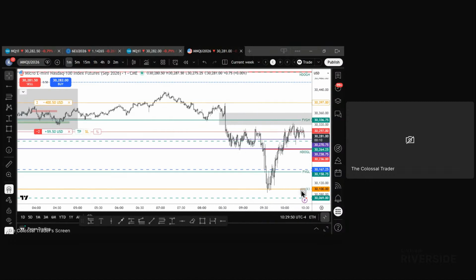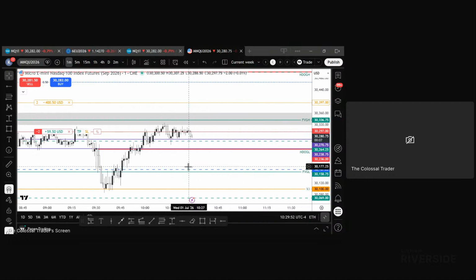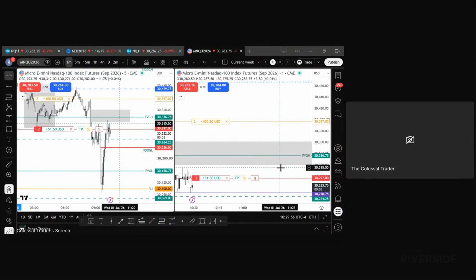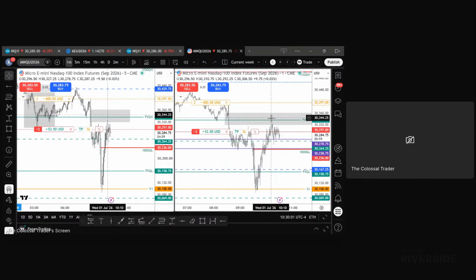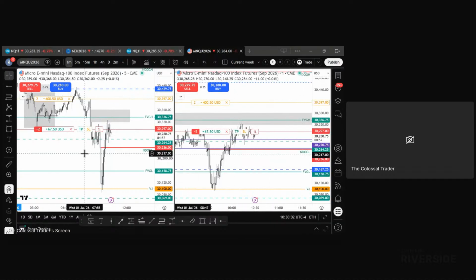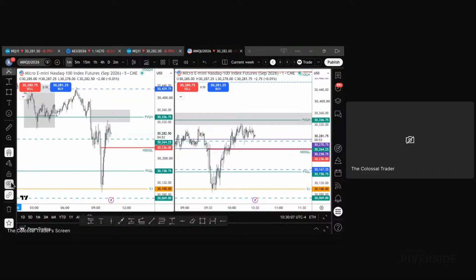Let's go back. And for a second, I'm gonna take out our entry. I just don't want to see it anymore. It's kind of in the way. Cool. Okay, so now I have this purple level.